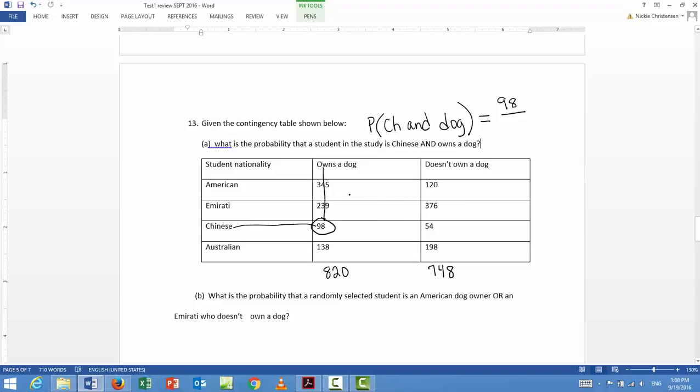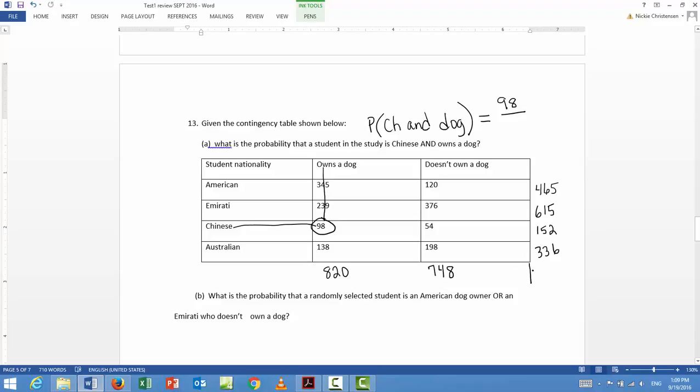Then just because I'm a very careful person, I'll sum the rows as well, because that's actually a way of checking your work. So these two numbers sum to 465. 239 plus 376 gives us 615. 98 plus 54 gives us 152. And 138 plus 198 gives us 336.